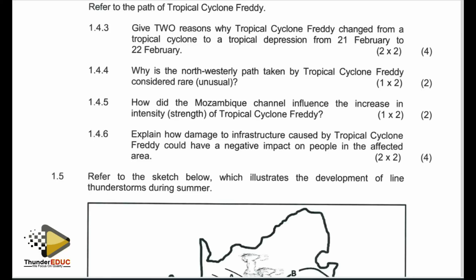And if we refer back to our trade winds deflection in the southern hemisphere, we tend to find that our deflection is to the left, which will mean that the tropical cyclone, with the effect of Coriolis force and with the movement of the tropical easterlies, which are also under the influence of Coriolis force, we tend to find them twisting towards the south.